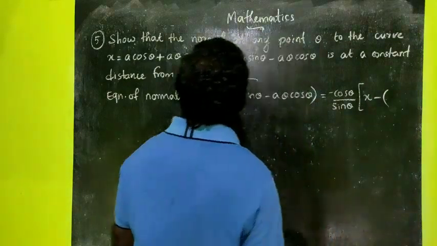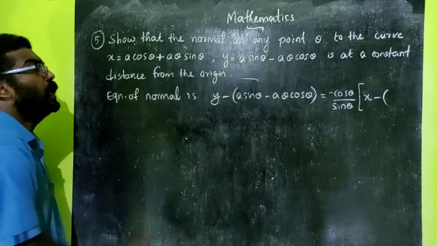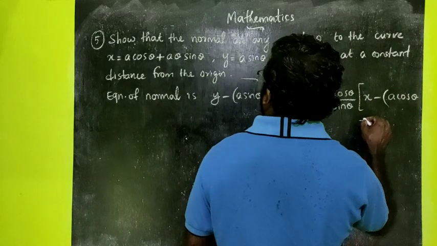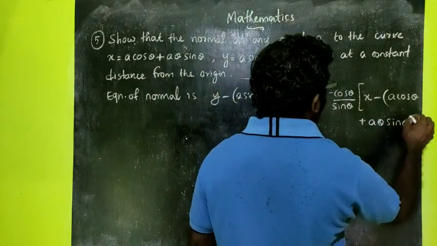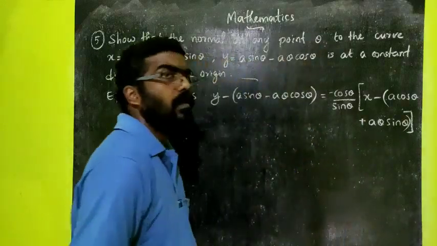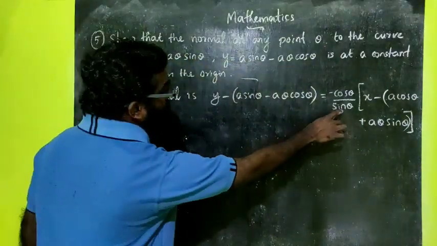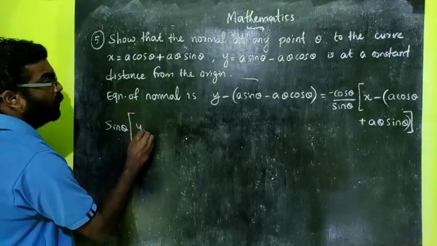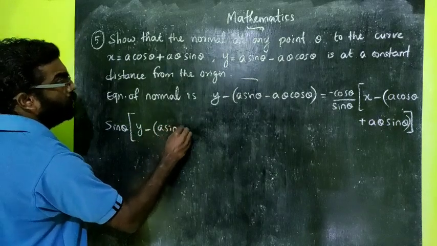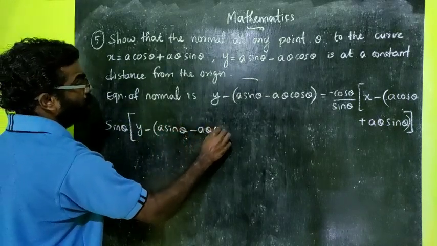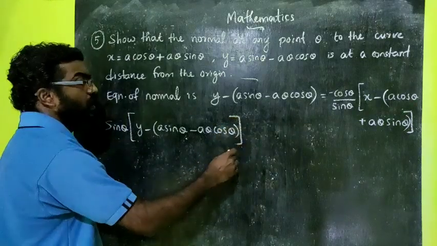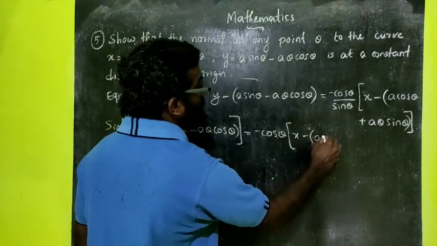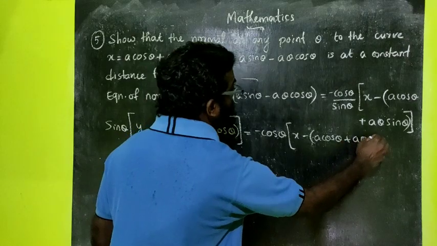So x minus, we should write the value of x, A cos theta plus A theta sin theta. Okay. Now we can cross multiply the sin theta to the left side. So sin theta into y minus A sin theta minus A theta cos theta, which is equal to minus cos theta into x minus A cos theta plus A theta sin theta.